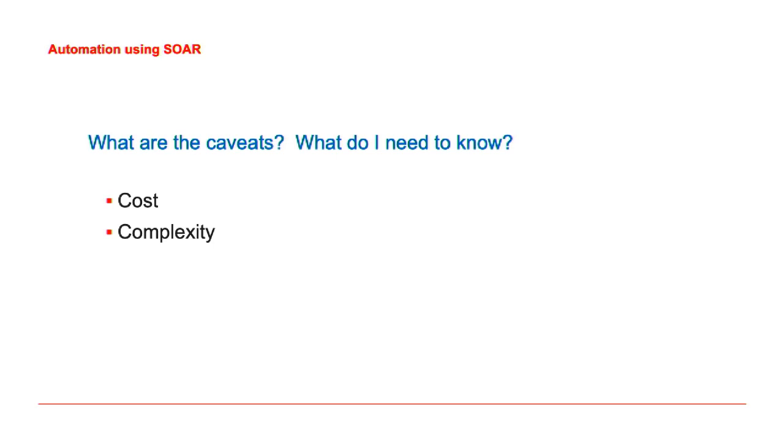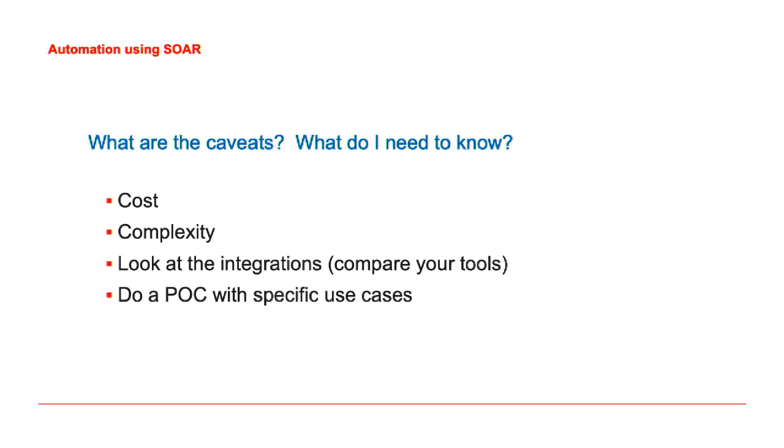And as you upgrade products and make changes within the environment, of course, you're going to affect the way these products work. So there's definitely some complexity that you need to think about. The other thing you want to do is look at your tools and then look at the integrations offered by these vendors and make sure there's alignment. So make sure your vulnerability management platform is covered, your endpoint, whatever. Just make sure those are there in the product.